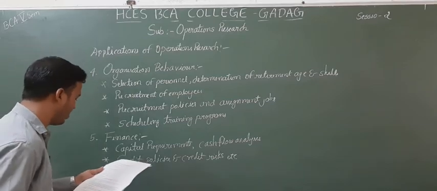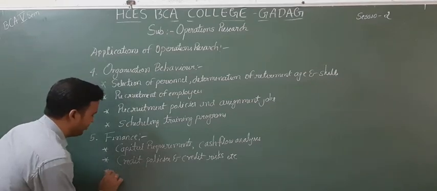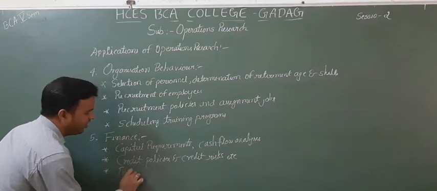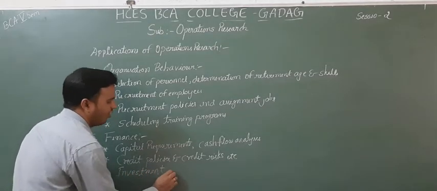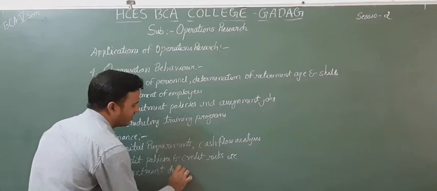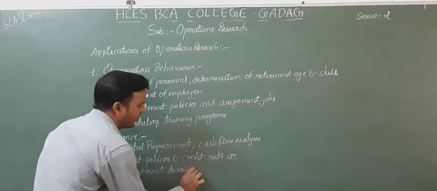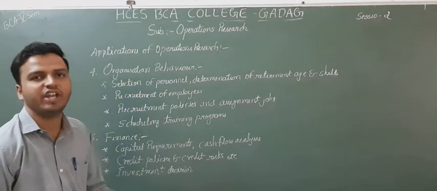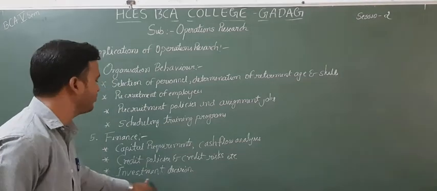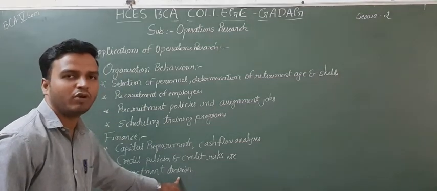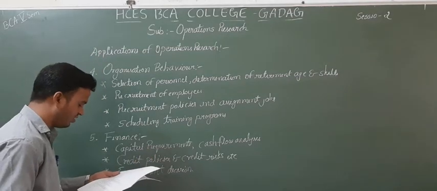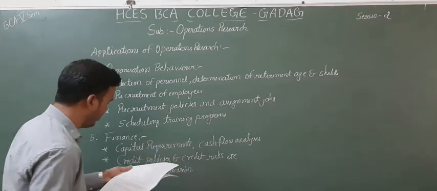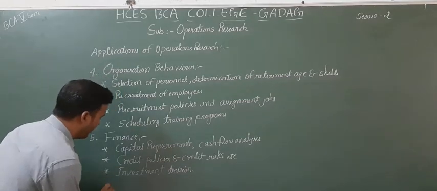So this is very important in finance. And the third one is investment decision. In which area we are going to invest, and whether that area is giving profit or not, we have to study. So the investment decision plays a very important role in operation research. And the last one is the profit plan of the company.